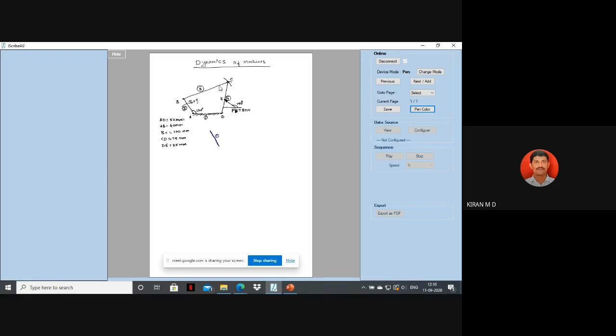This force will act from this link, correct? Force will act from this link. So means this direction. So the link 1 line is parallel to link AB.